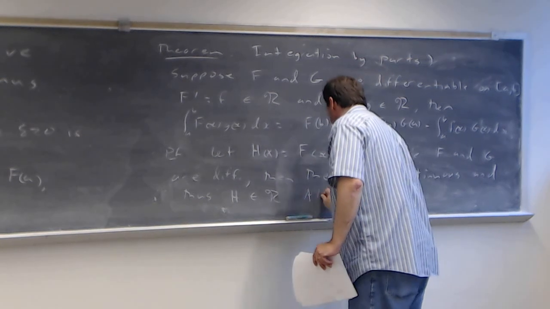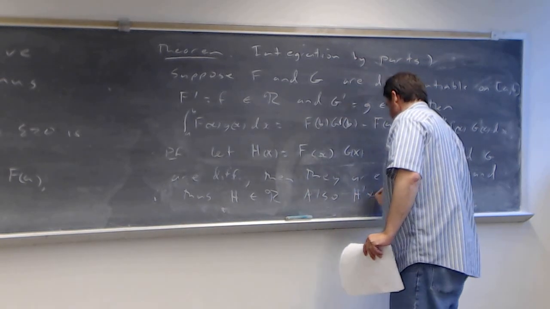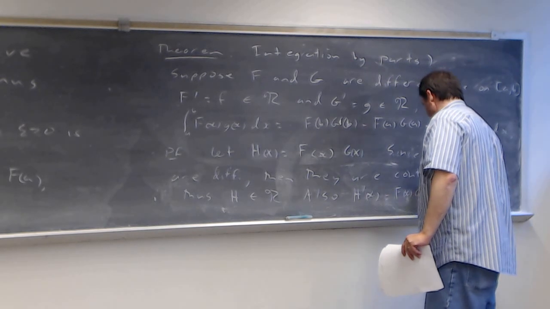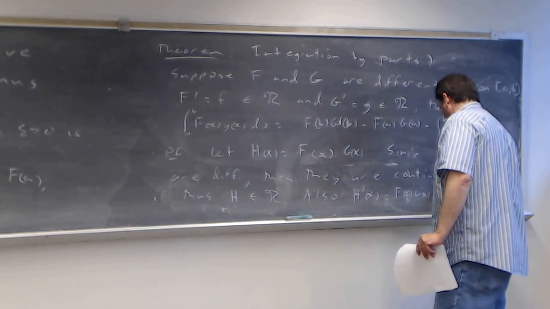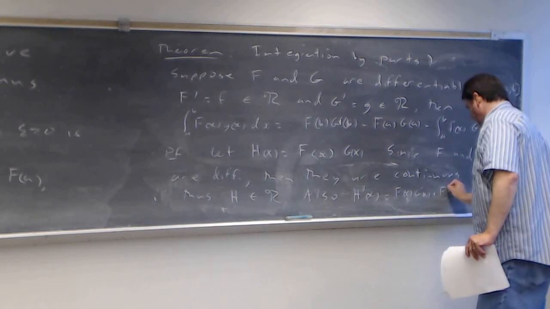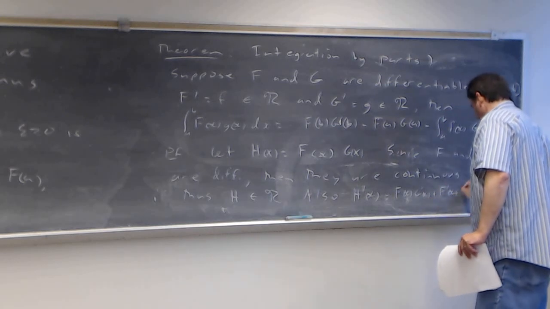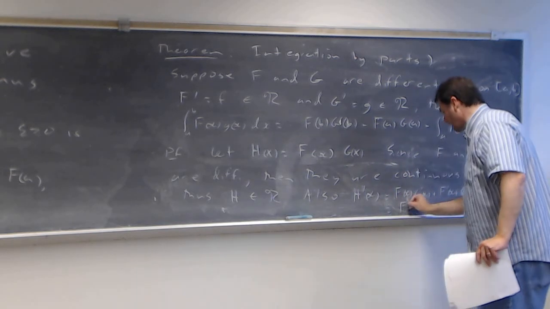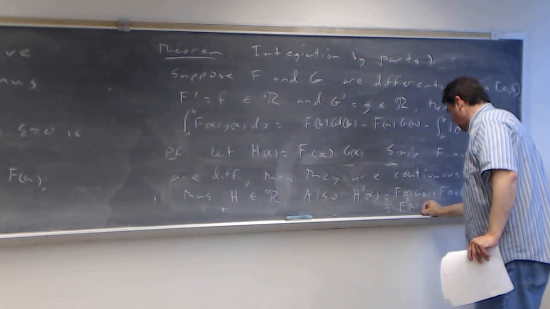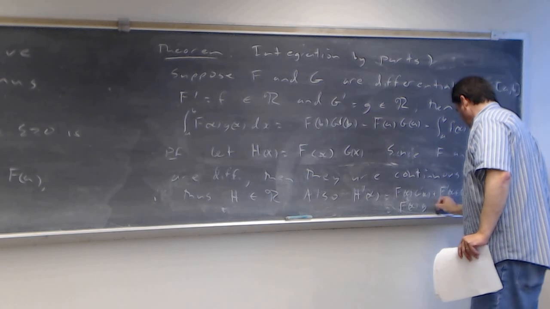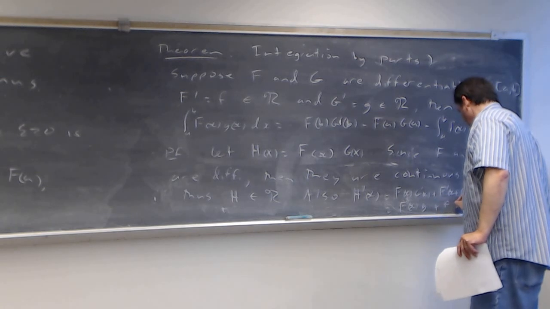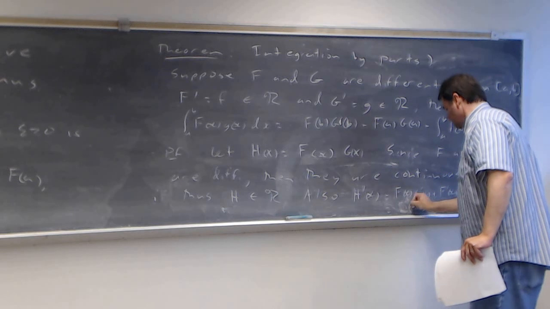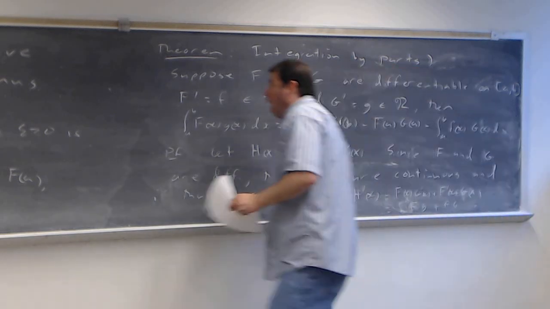Also, h prime of x by the product rule is going to be equal to big F of x times big G prime of x plus big F prime of x times big G of x, and replacing the primes by what they're equal to, big F of x times little g plus little f times big G. That's how we write it.